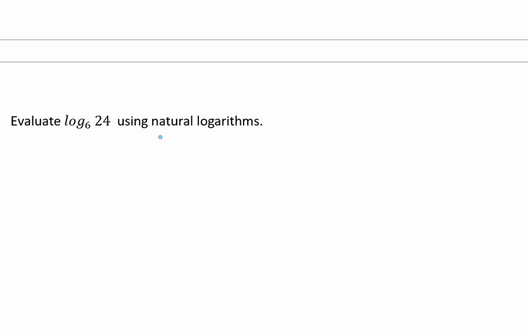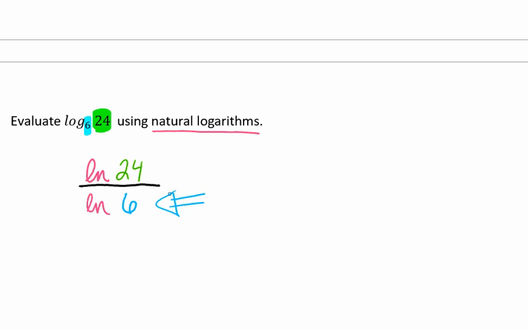So here we have our log base 6 of 24, which we will rewrite as a natural logarithm. And so we'll have the natural logarithm of 24 divided by the natural logarithm of 6. Again, notice that my base is still on the bottom.